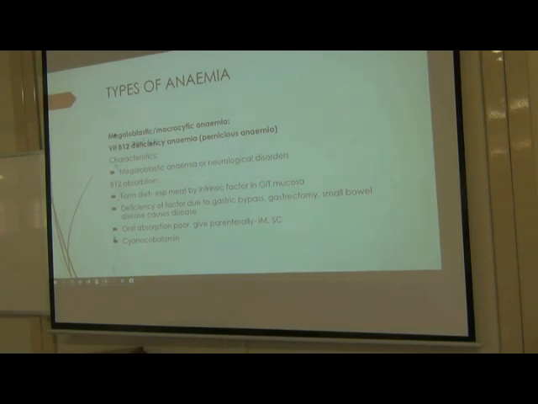Paleness, tiredness, what else? Dizziness, fatigue, you get tired very easily, all right? So those are the clinical symptoms or presentations of anemia generally. But how do you tell which medications to give them? Whether it's iron, whether it's B12, whether it's folic acid? You can only determine if you check the blood to see what the red blood cells look like.